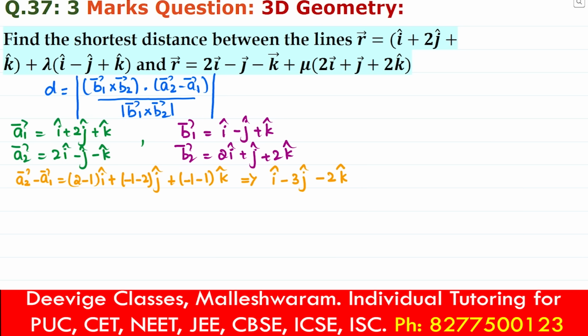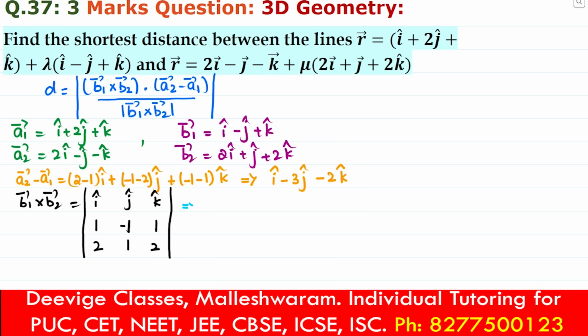Next, find out b1 cross b2. b1 cross b2 is equal to the determinant of i cap, j cap, k cap; b1 vectors are 1, −1, 1; b2 are 2, 1, 2.